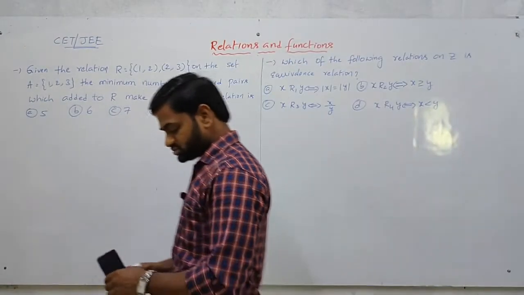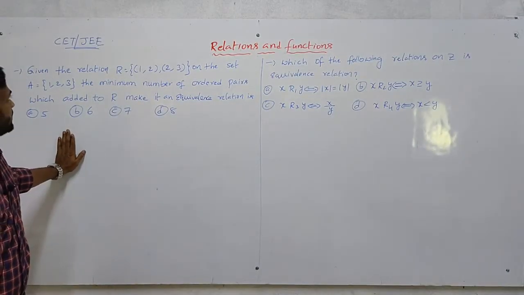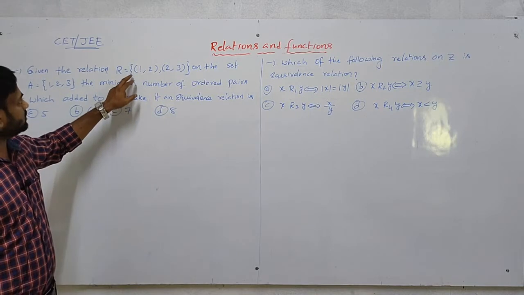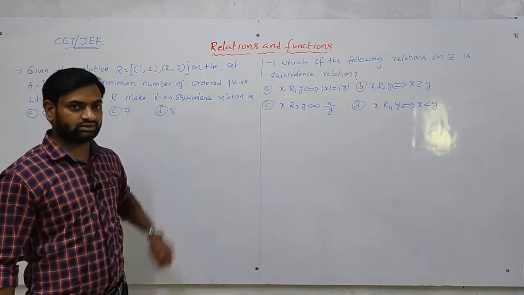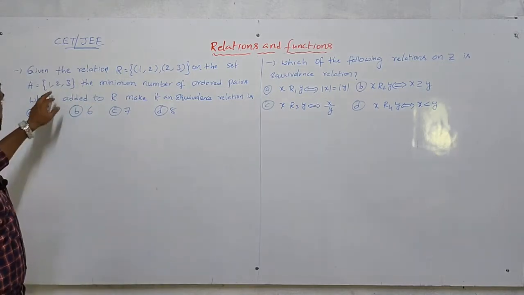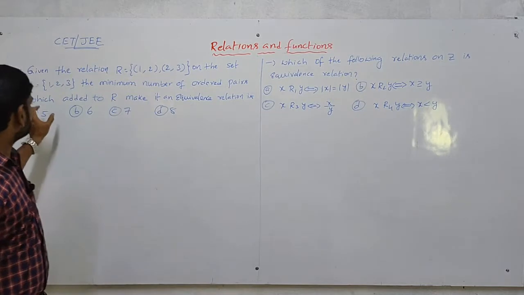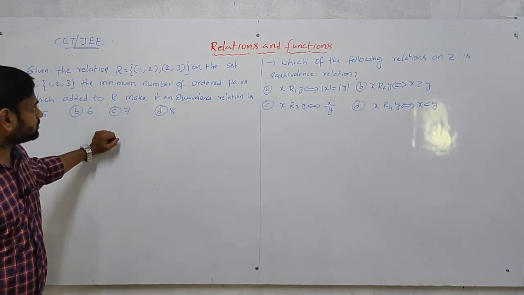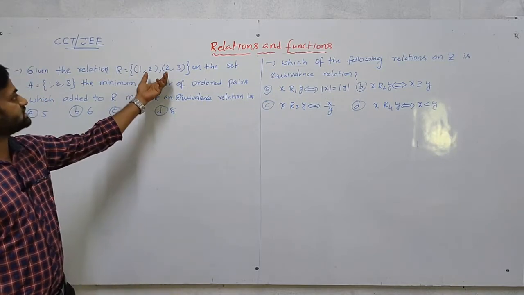Come to the next question. The relation R is given with ordered pairs 1, 2 and 2, 3 on the set 1, 2, 3. What is the minimum number of ordered pairs which, added to R, make it an equivalence relation?